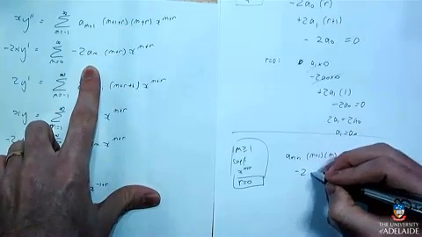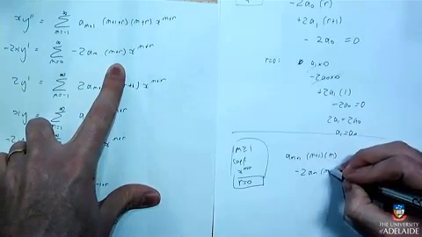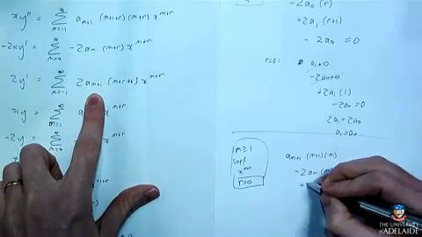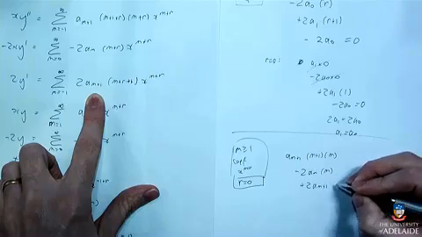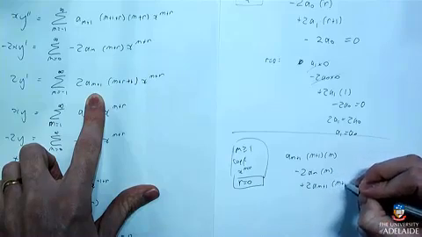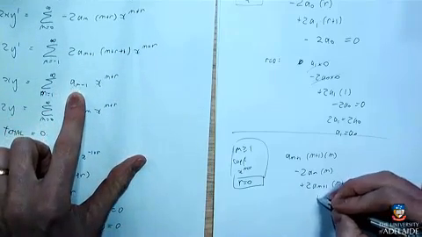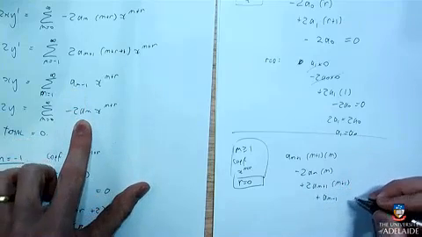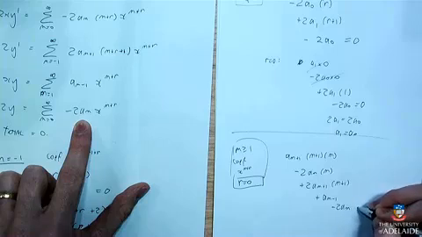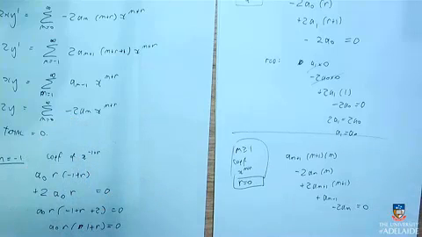This one's got a m. This one's 2a m plus 1, m plus 1. This one's an a m minus 1, and this one's a minus 2a m. And that's supposed to be equal to 0.